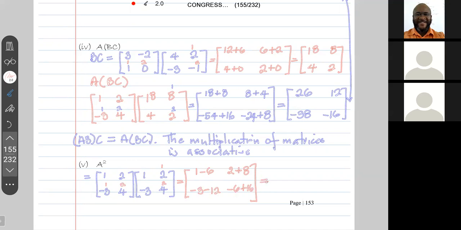The final answer is: A squared is [-5, 10; -15, 10].